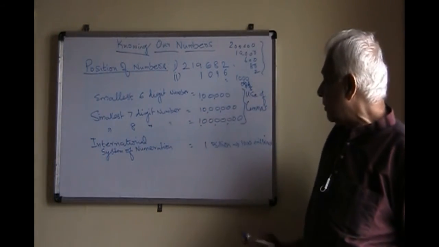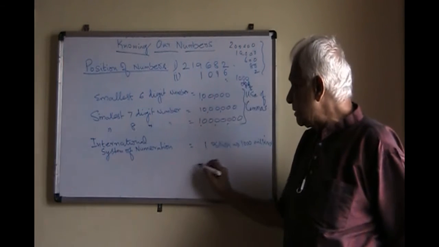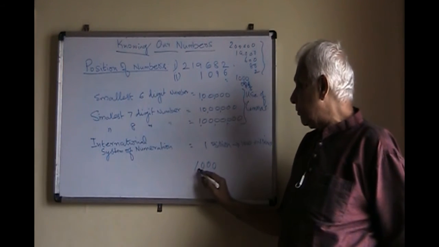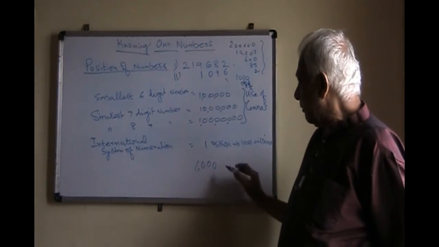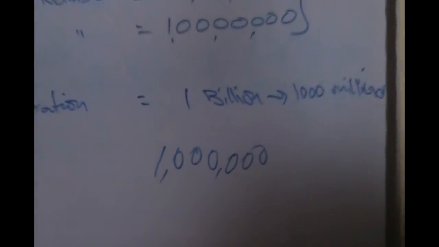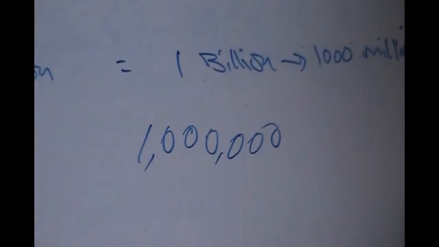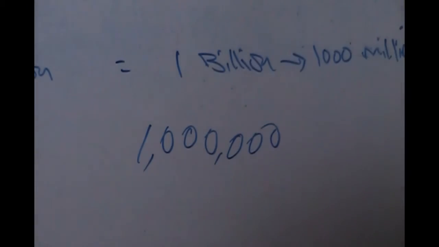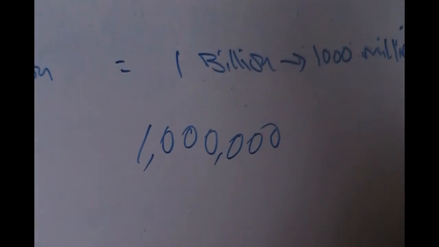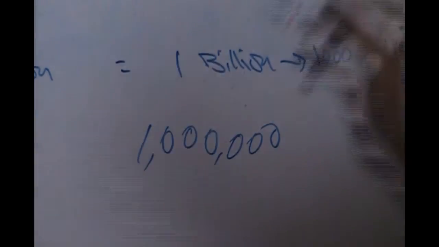So when you write 1000, you make a comma here. When this is 1 million, it is like this. The comma is marked after every third zero, and this number is called 1 million.